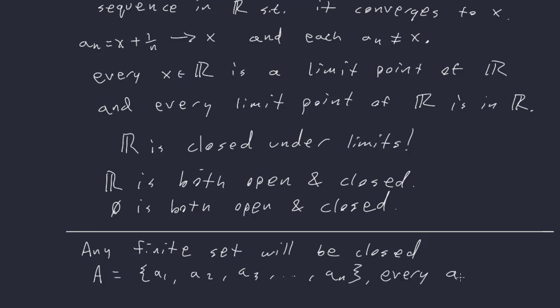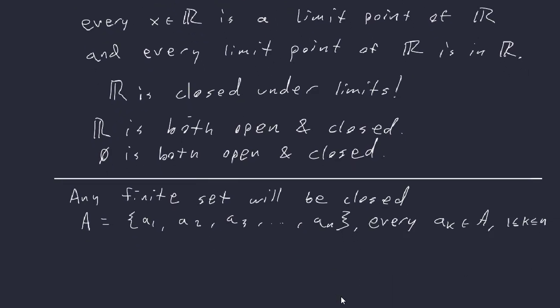So every A sub k in A, for k between 1 and n, is an isolated point.